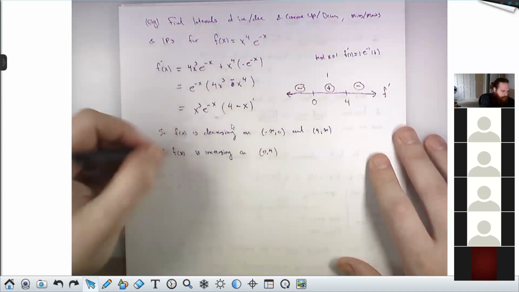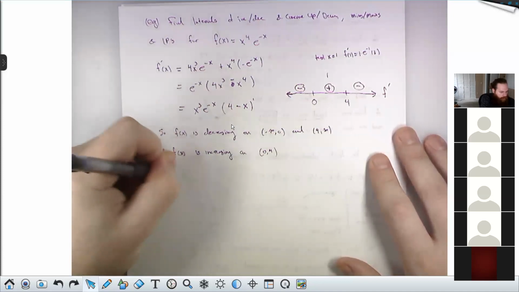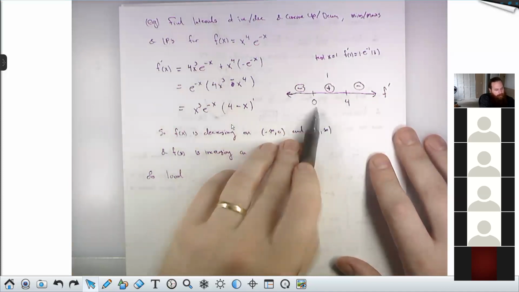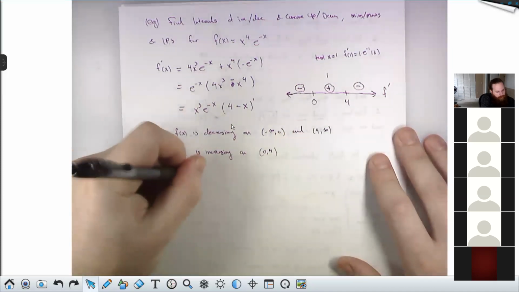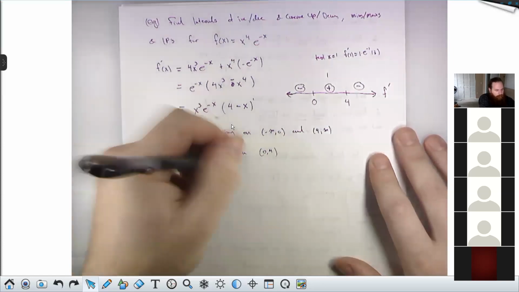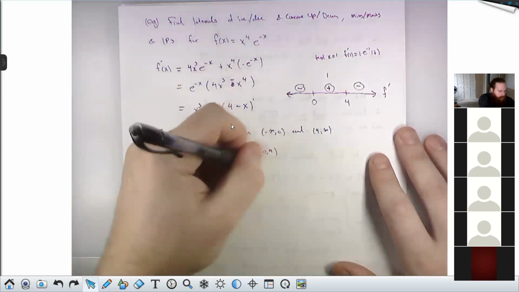Therefore, by the first derivative test, I go from decreasing to increasing at 0. That means I have a local min at x equals 0. And that point is 0, 0.